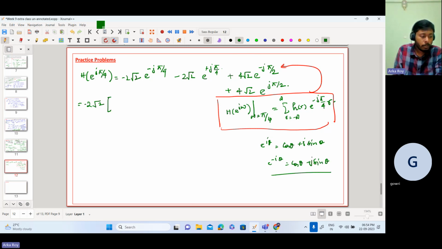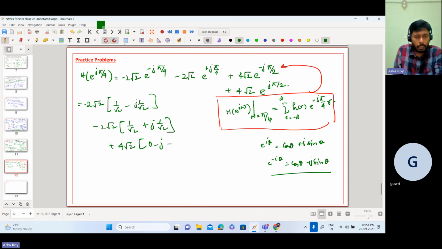Using these relations, it will be 1 upon root 2 minus j 1 upon root 2, and then the second part will be 1 by root 2 plus j 1 by root 2, and then it will be 4 root 2. I'm merging these two results as a whole, so it will be 0 minus j and then 0 plus j. So this component is 0 itself.